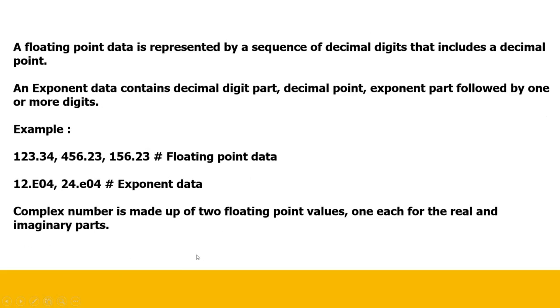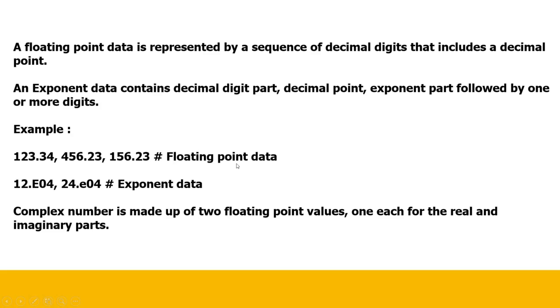What is floating point data? Floating point data is represented by a sequence of decimal digits that include a decimal point. Exponent data contains a decimal digit part, decimal point, exponent part, followed by one or more digits. So here are the examples: 123.34, 456.23, 156.23.